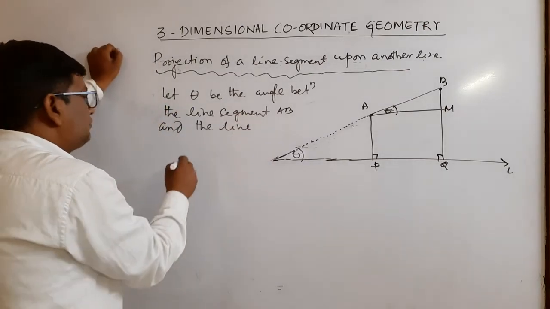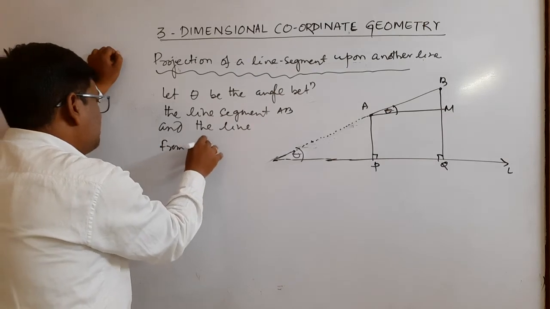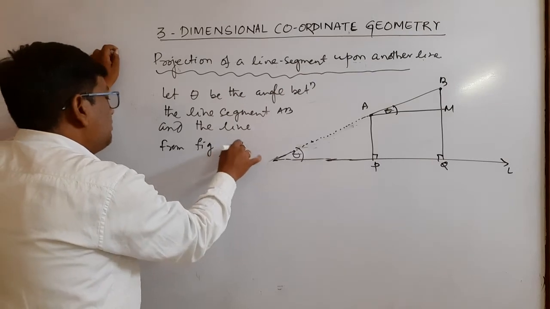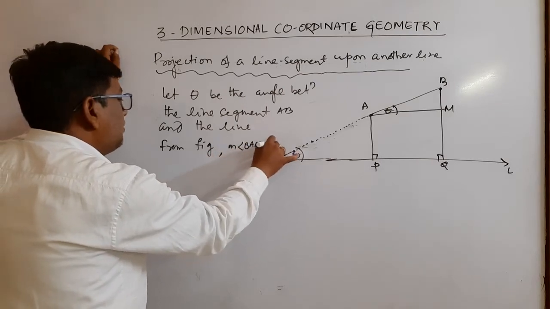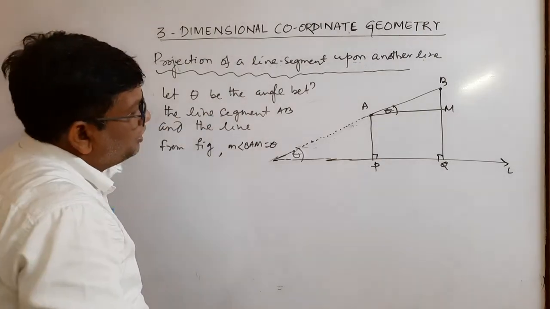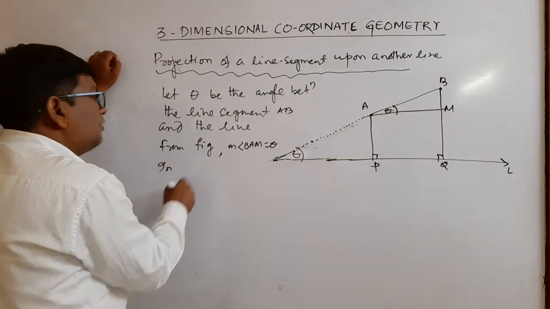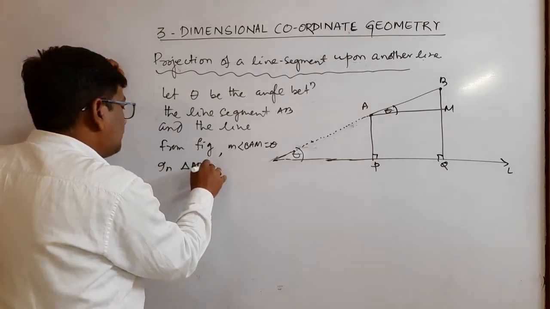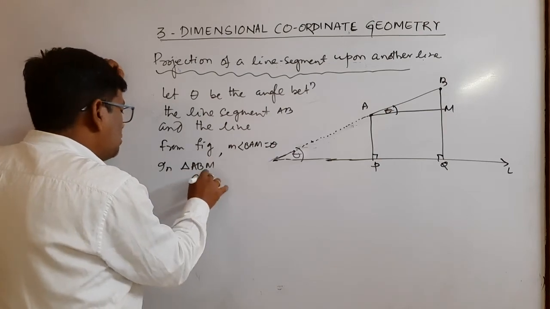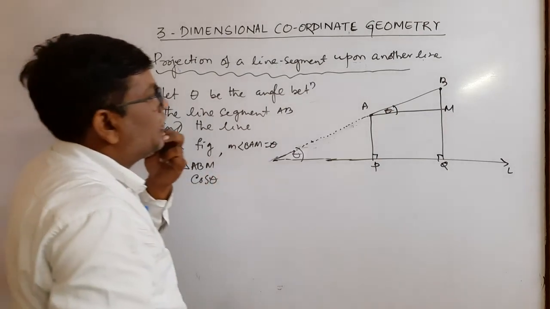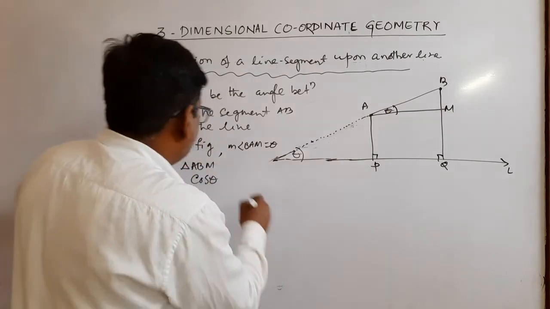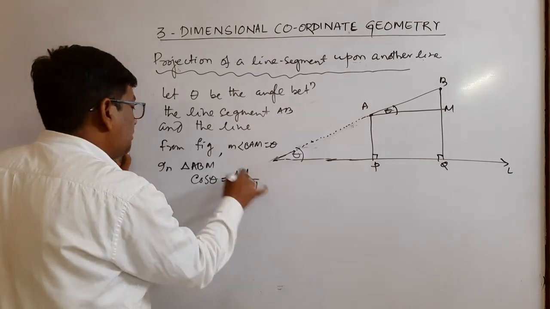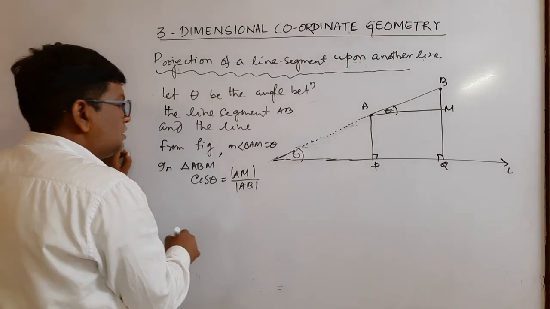From the figure, angle BAM is also theta. In triangle ABM, cos theta is equal to what? Base by hypotenuse, that is AM by AB. So AM is equal to what?